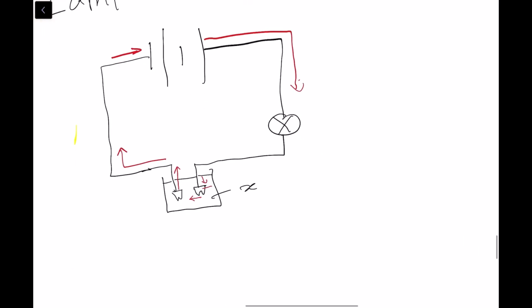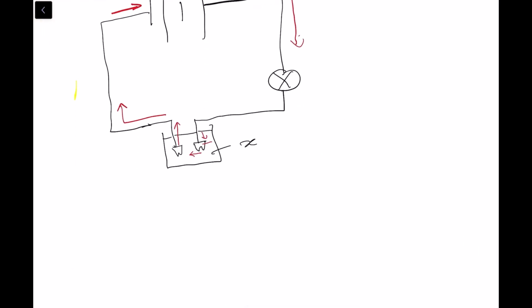So this forms a closed circuit if X is a conductor of electricity. So then your bulb will light up.